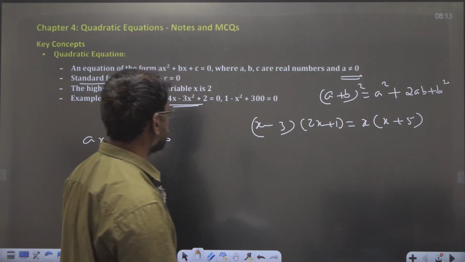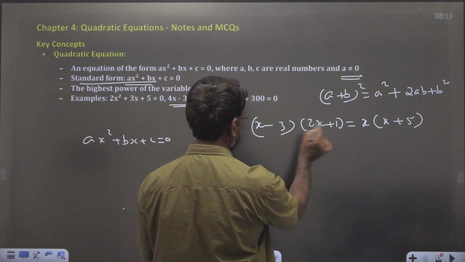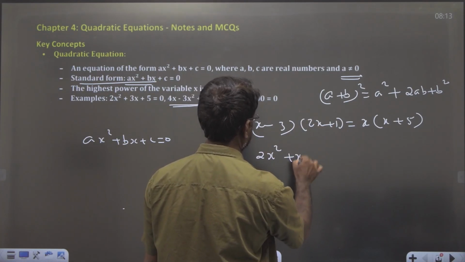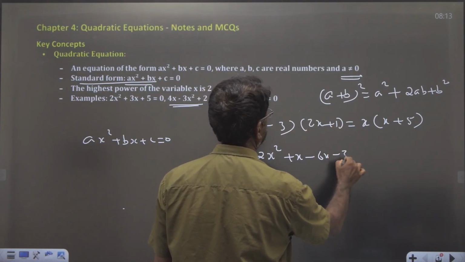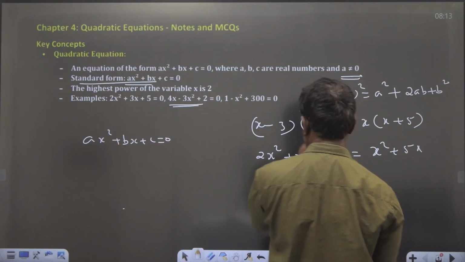First we have to convert this into this form, standard form. For that you multiply this with this: x into 2x, 2x square, x into 1, plus x, minus 3 into 2x, minus 6x, minus 3 into 1, minus 3, equal to x into x, x square, plus x into 5, 5x.